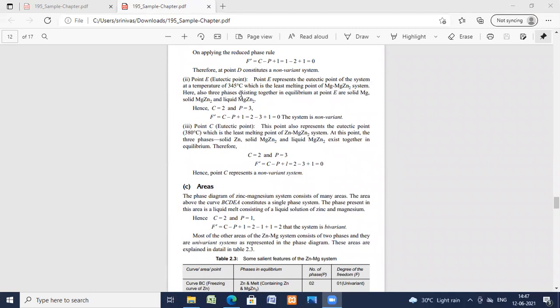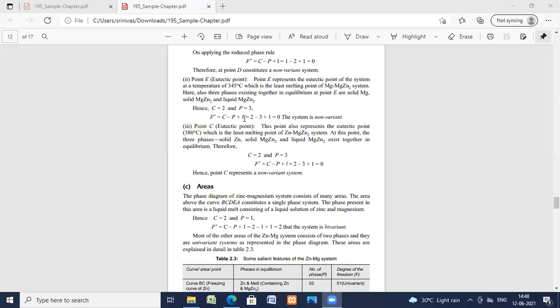Here you can see three phases existing together in equilibrium: solid magnesium, solid MgZn2 and liquid MgZn2. So C is 2, the components are Mg and MgZn2. The phases are three.